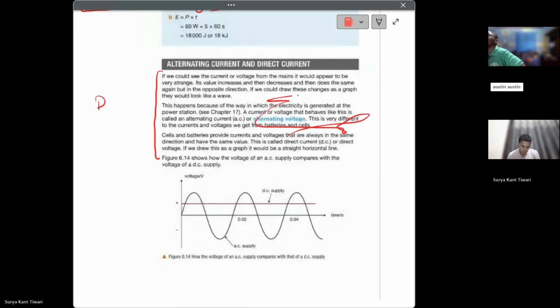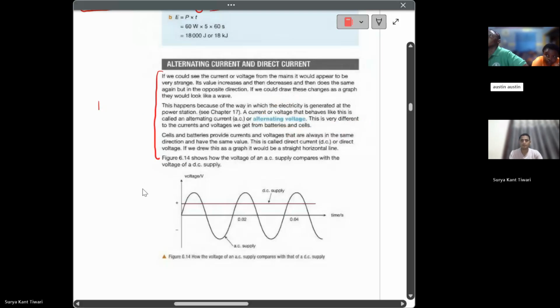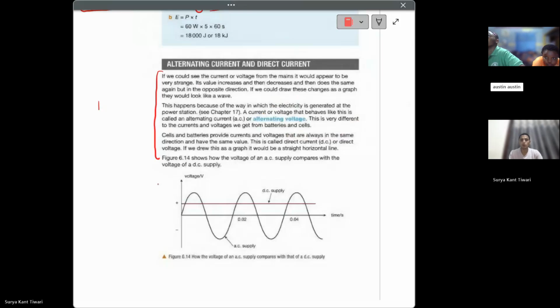Cells and batteries provide current and voltage that are always in the same direction and have the same value. This is called direct current or direct voltage. If you draw this as a graph, it will be a straight horizontal line. Figure 6.4 shows how the voltage of an AC supply compares with the voltage of a DC supply.